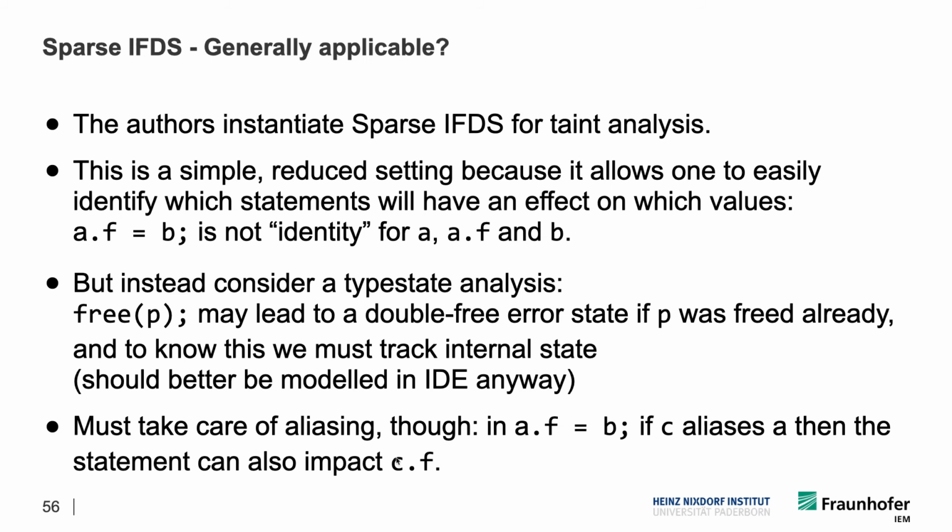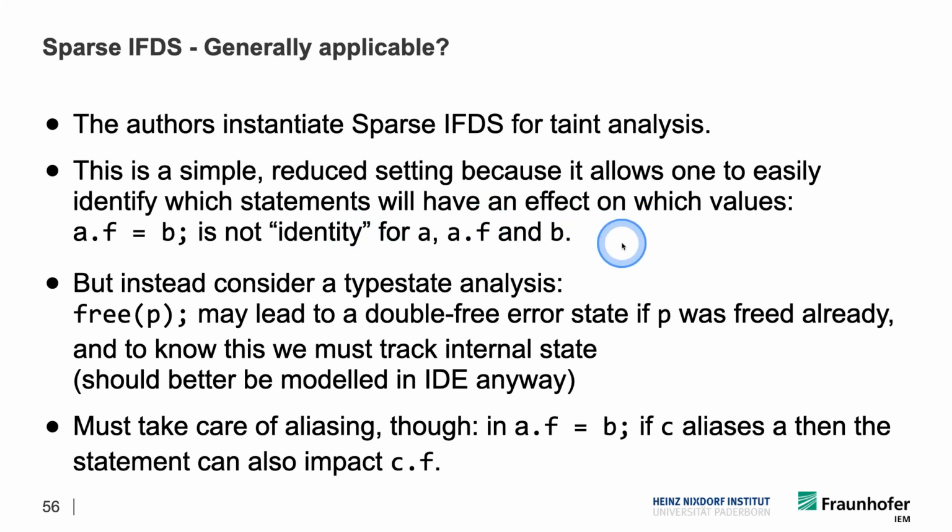So it makes sense, first of all, to instantiate this with a taint analysis. But nonetheless, this is a simple reduced setting, because in one sense, it allows one to very easily identify which statements will have an effect on which values, right? And that's essential.